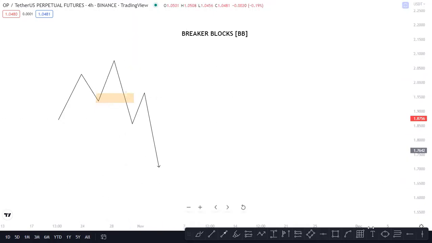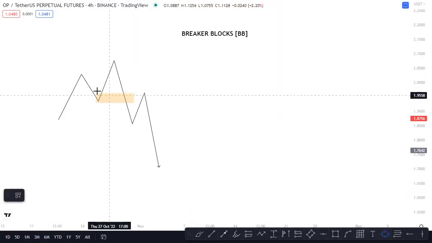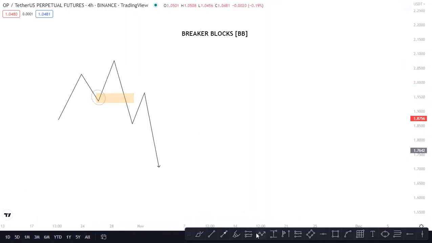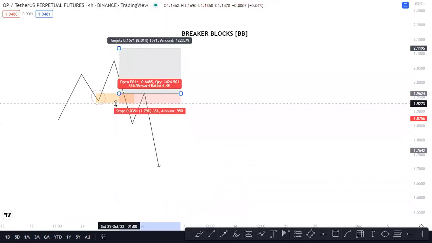We are looking to buy price at this point. You're looking to place a buy order at this point.